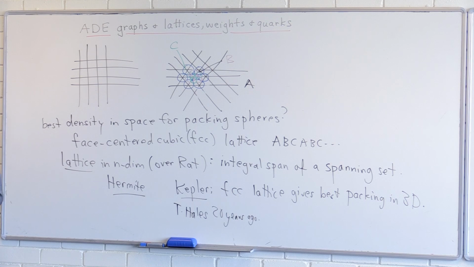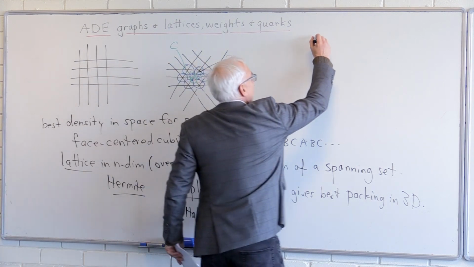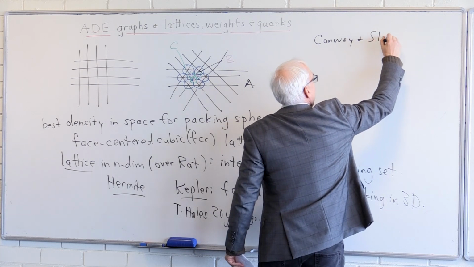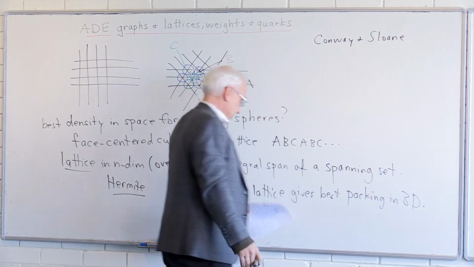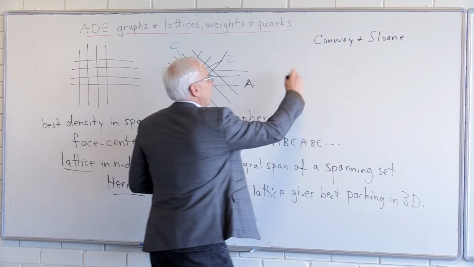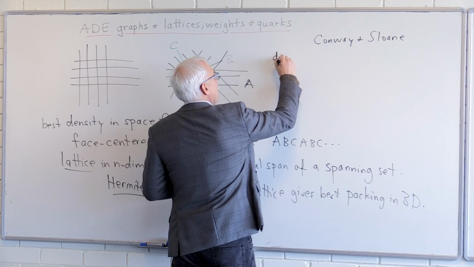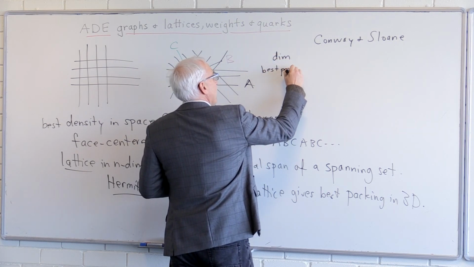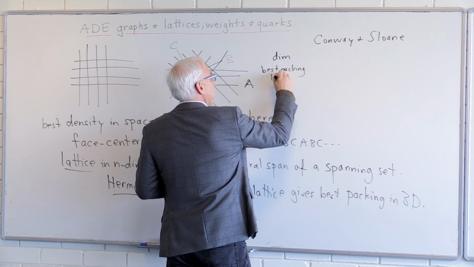So what about in higher dimensions? Well, the Bible in this work is the volume by Conway and Sloane, and there you get all kinds of information, but here are the best packings. Here's the dimension, and here are the best packing lattices.